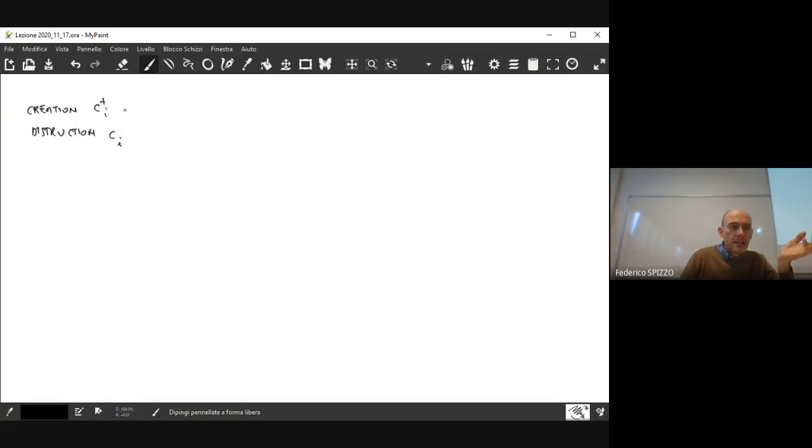So the idea is just to see that actually C cross i and Ci are one the adjoint operator of the other.